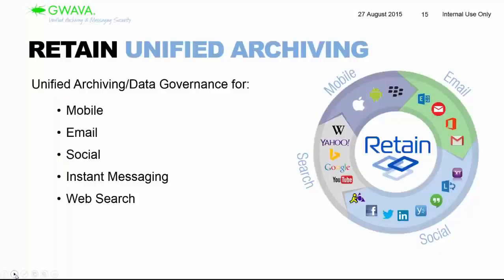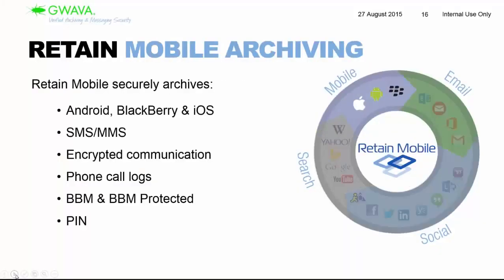Great question. Let me skip there. So the mobile piece in particular with Retain. Retain is a product in general. We call it Retain Unified Archiving. We archive all kinds of electronic communication: email, social media, web search, and mobile communication, all archived into one central archive. And this archive you can search and perform e-discovery.